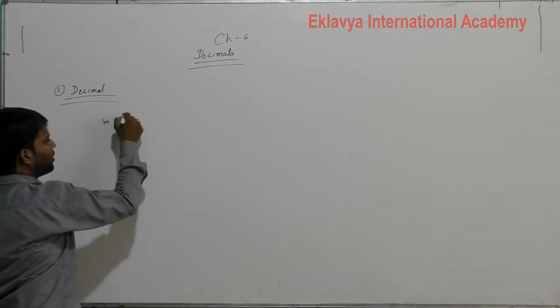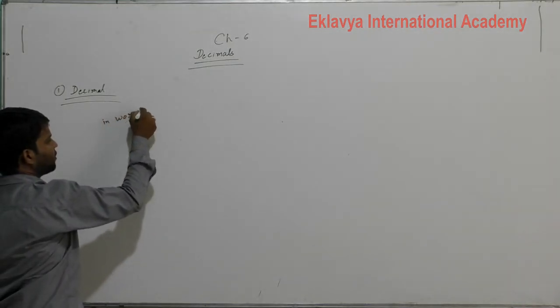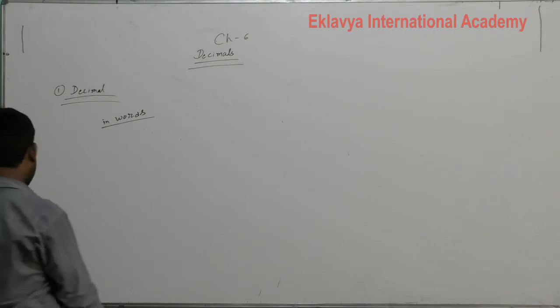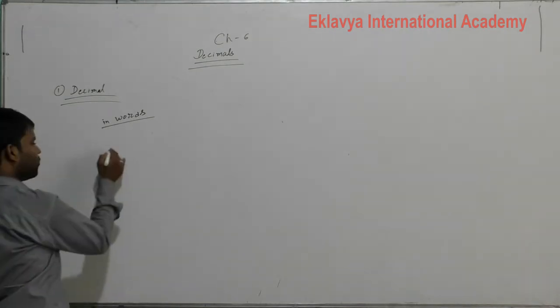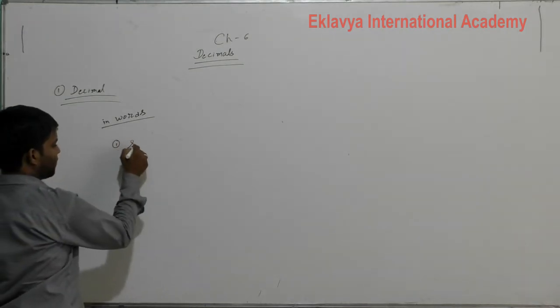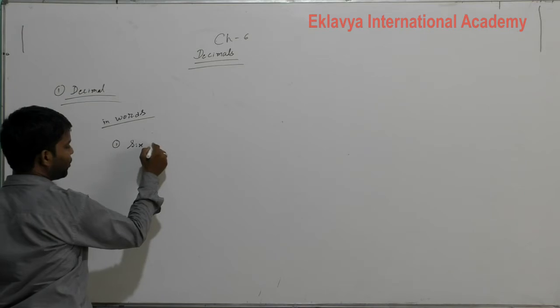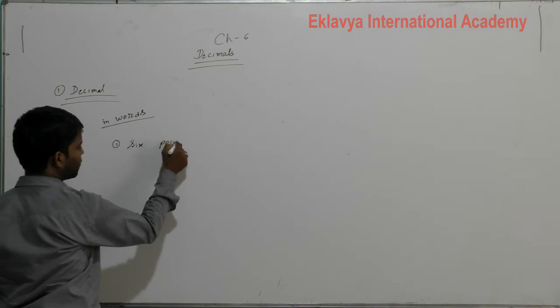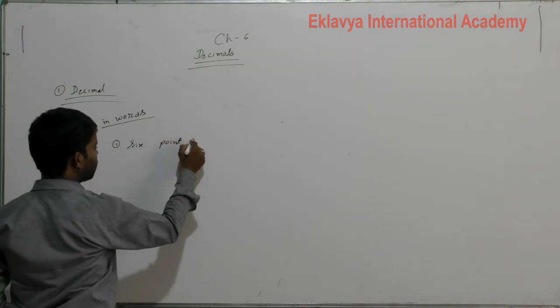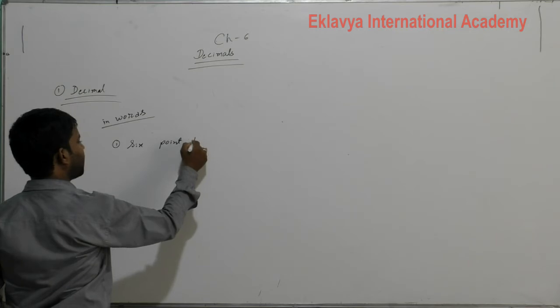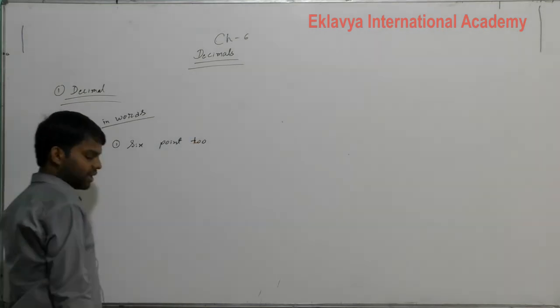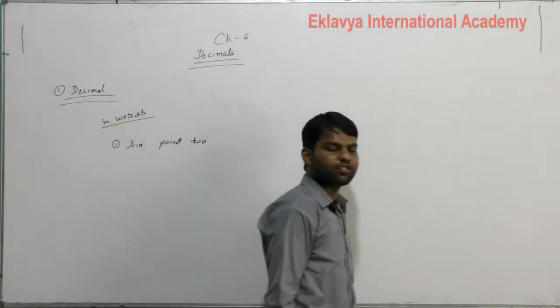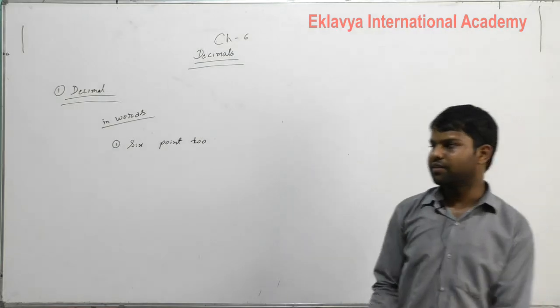Decimal numbers in words. If we have first 6.2, if a number is given like 6.2, how will we write these numbers?